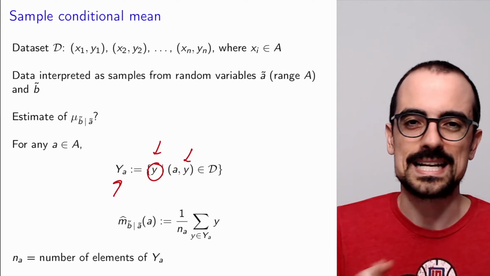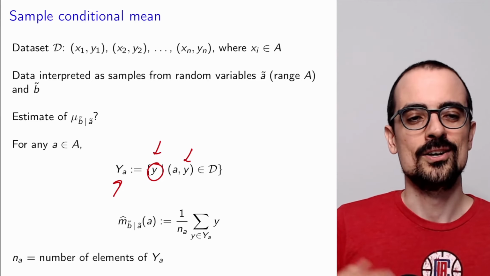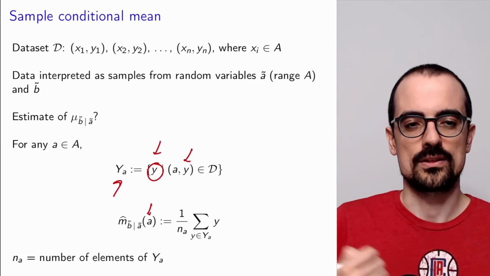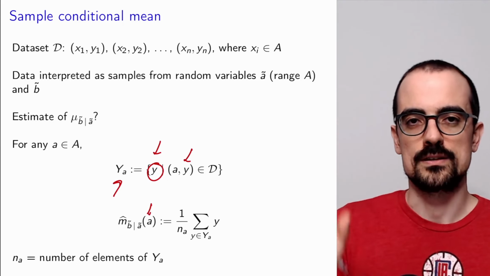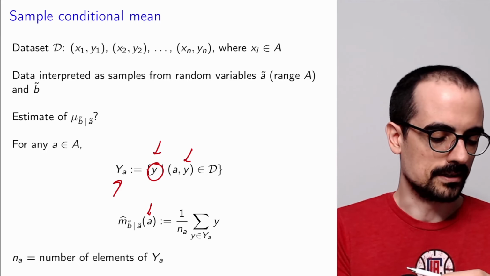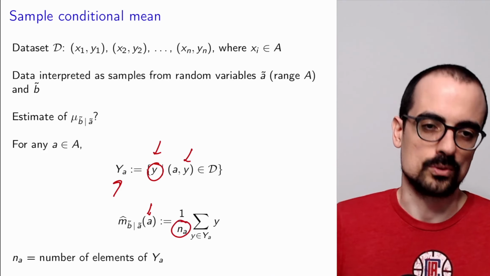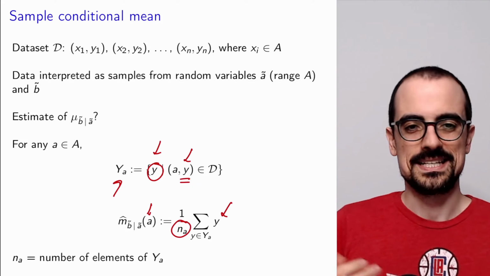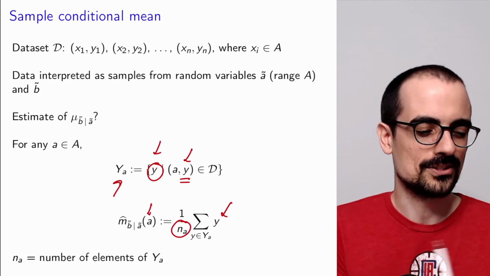So we would call it a bag or a multiset. Basically, the way we compute the conditional mean given that a is equal to a certain value, like 3, is we look at the bag of pairs for which the first entry is equal to 3, and we average the second entry. This is the number of pairs for which the first entry is equal to that value. We have to divide by that, and we sum, of course, the second entry. This may be more complicated to explain than to actually just figure out.